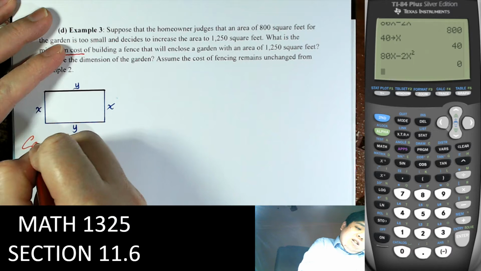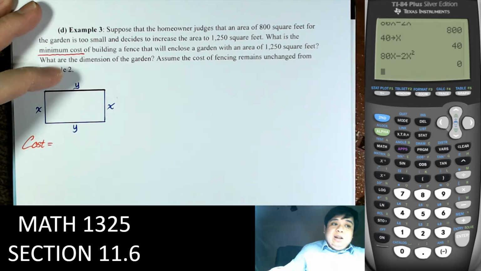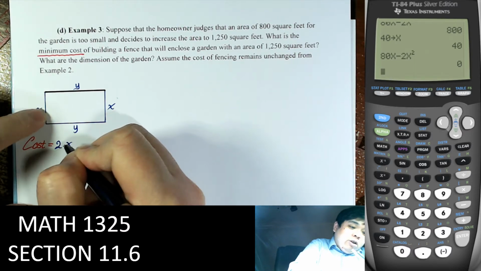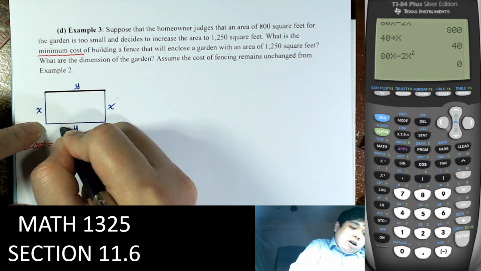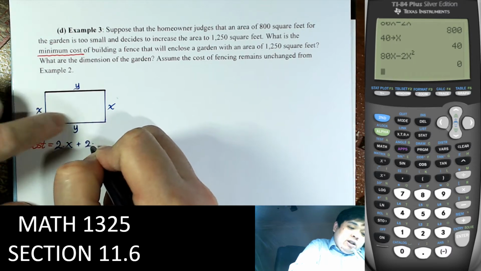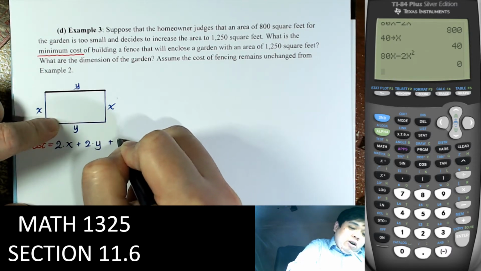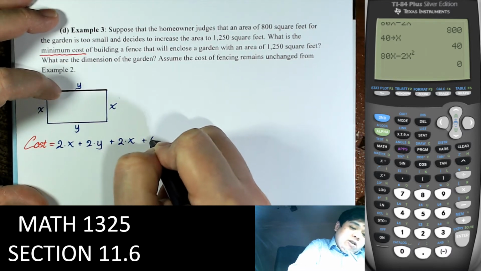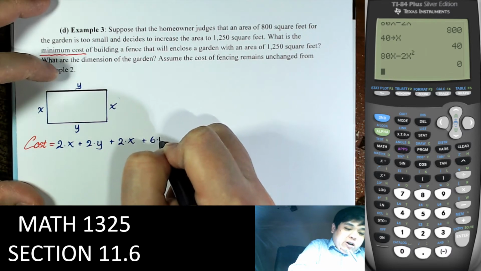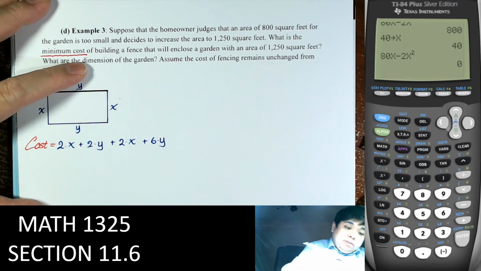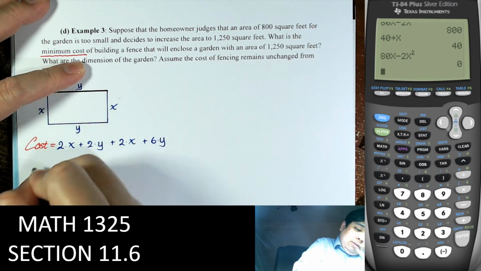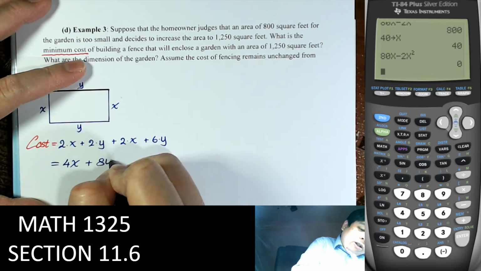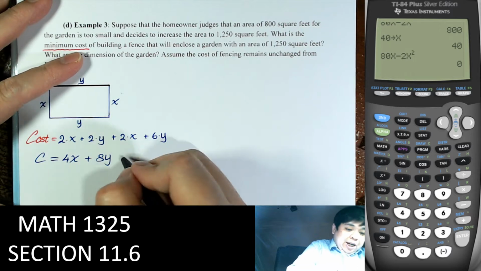And the cost is based on $2 for each foot on this side, plus $2 for each foot on this side, and $2 for each foot on this side, and $6 for each foot on that side. So this is the function for 4x plus 8y. This is the cost function to be minimized.